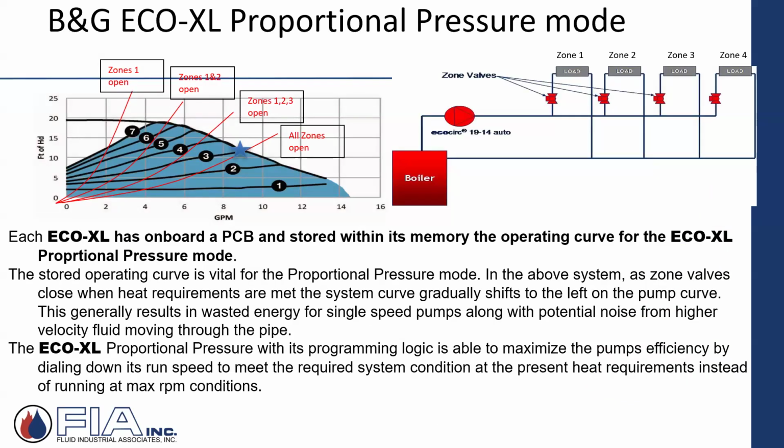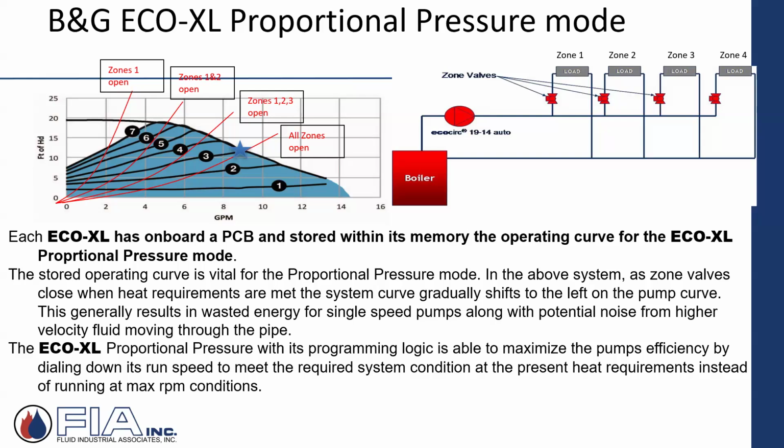Just real quickly, when you say proportional pressure, what I'm saying is I have one distribution pump, and all of my terminal units have some type of control valve. Simple drawing, 4 of them. But what's kind of interesting here is this little visual, a little cartoon, saying the onboard PCB, the printed circuit board, has the operating curve stored.